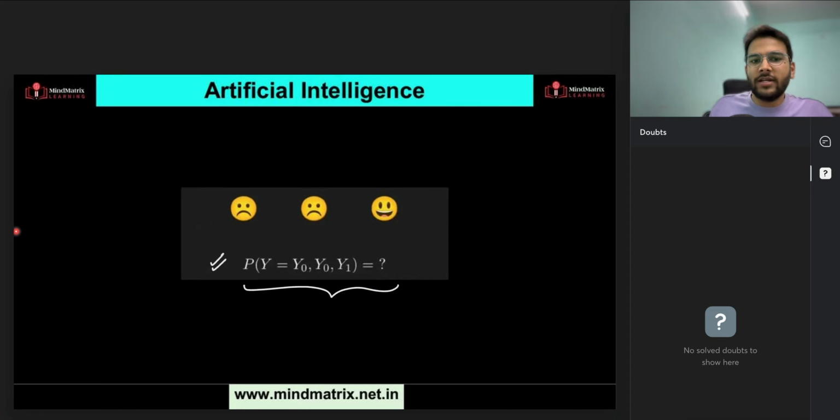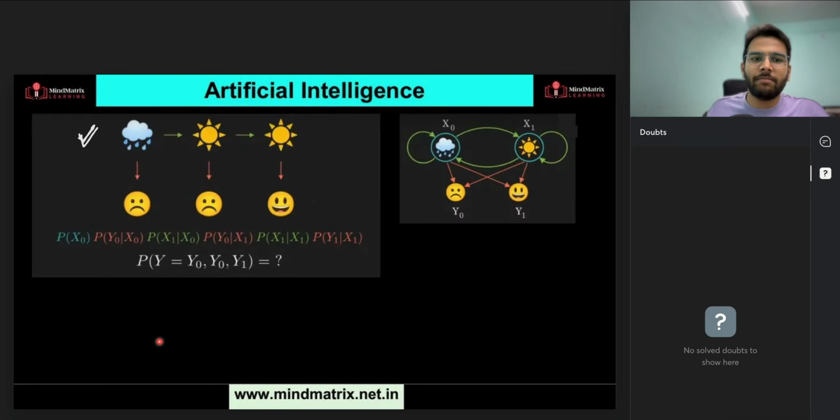So ultimately we are trying to find this: on the first day it is y0, that means sad, the second day also it is y0, sad, and on the third day it is y1. So how can we find it out? Let's say, just for the example purpose, this is the weather sequence given to you.